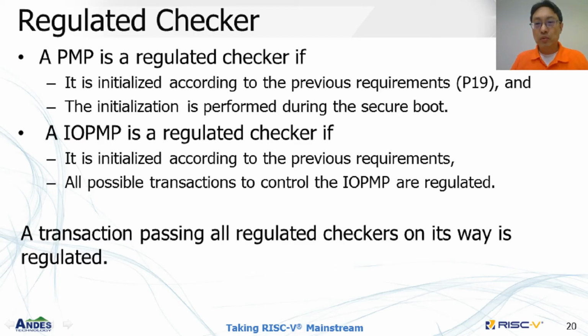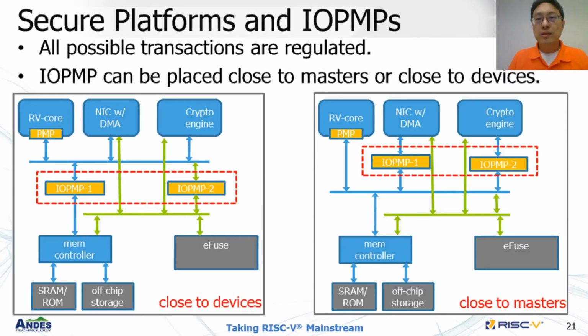If possible, we recommend making every checker regulated. We suggest that all possible transactions are regulated. Then, where should we put IOPMPs? There are several ways. We may put them close to devices or close to masters, as long as every transaction can be checked by at least one regulated checker.